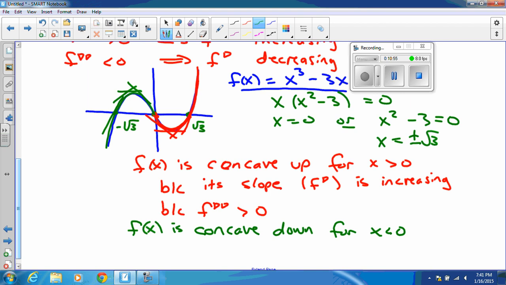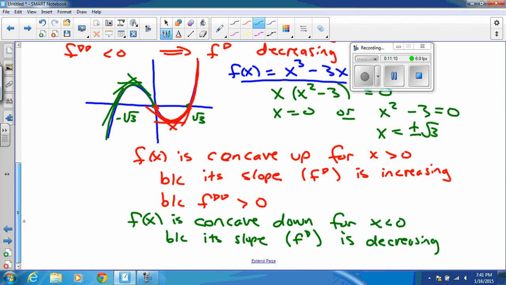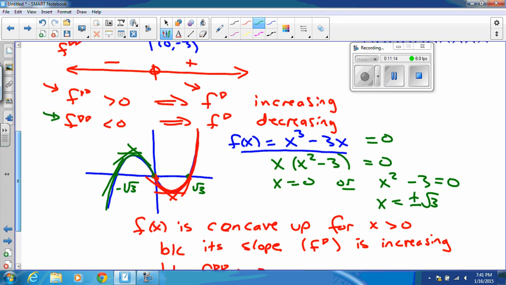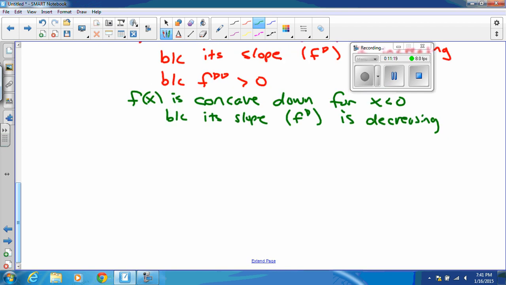Because if I draw tangent lines, you can see that the slope is decreasing. And again, the slope of f is f prime. And the reason that the slope is decreasing, as we said previously, is that f double prime is less than 0.